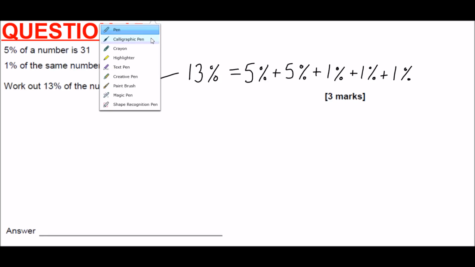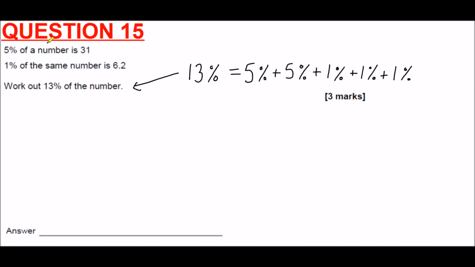Because we've been told what 5% is. 5% is 31. We've also been told what 1% is, because 1% is 6.2.